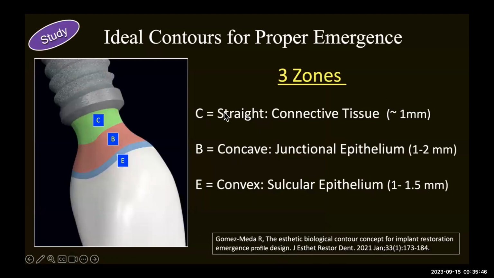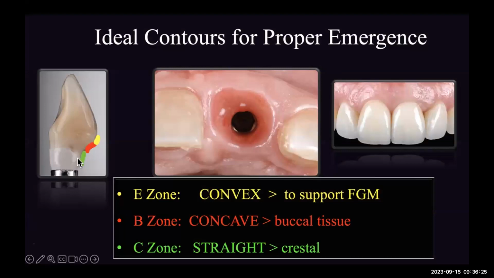Well, the C is straight because when you're coming off of an implant, especially with platform switching, which is highly advisable because that gives you a better seal anyway, this straight portion at about 1 millimeter is where the connective tissue is going to be. Right above that, there's going to be a small concave area for the junctional epithelium, and that's usually 1 to 2 millimeters. Then the E position, where the contour is convex, is for your sulcular epithelium, and that is usually 1 to 1.5 millimeters. So let's look at this on an actual tooth.